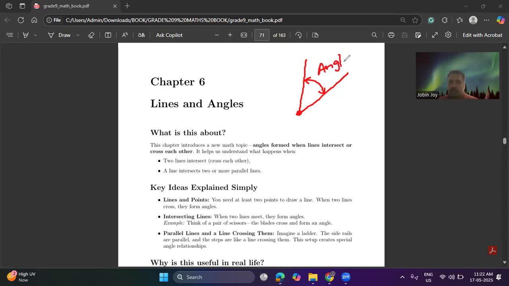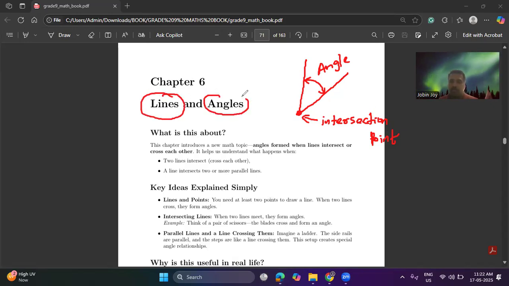This is angle. So when lines intersect, this is the intersection point. So when two lines intersect, angles formed. So this chapter is dealing with lines and angles.